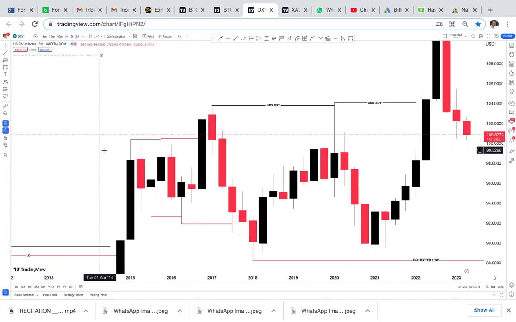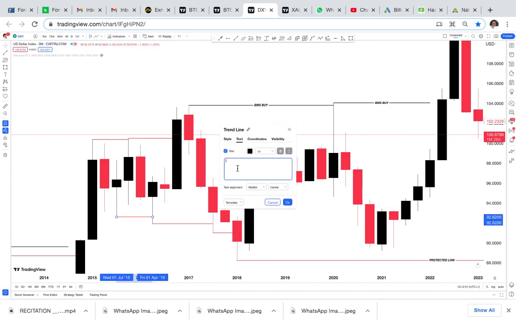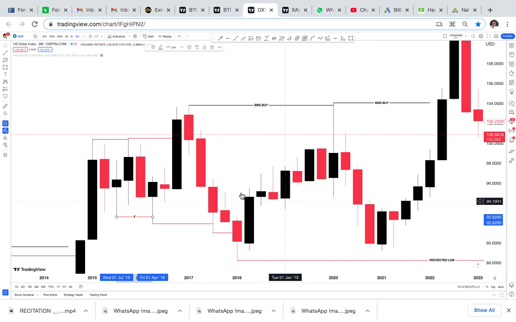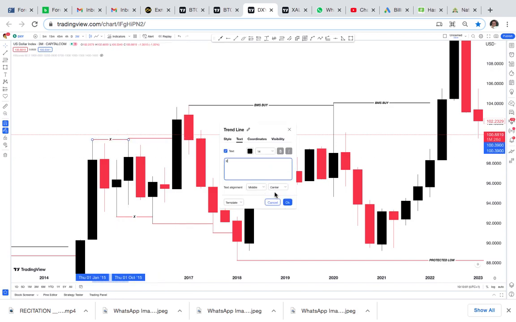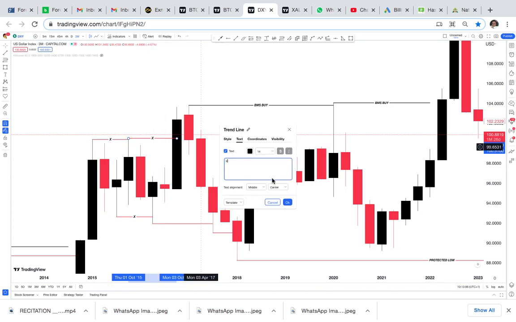Okay, so this was the main high. This high was broken and later broke this. So this should be liquidity. This should be liquidity. This should also be liquidity.